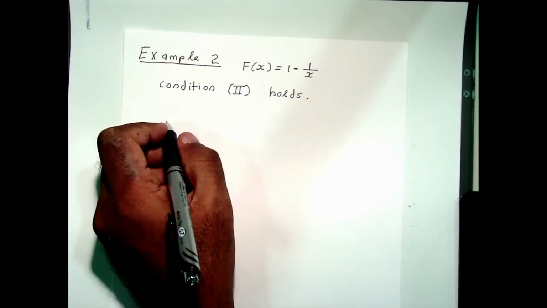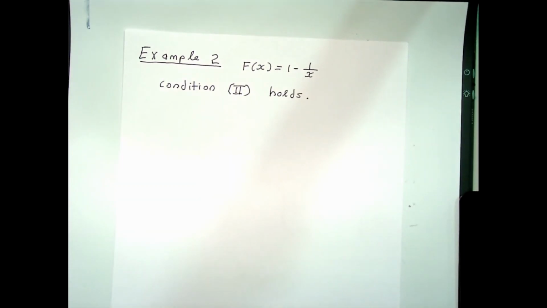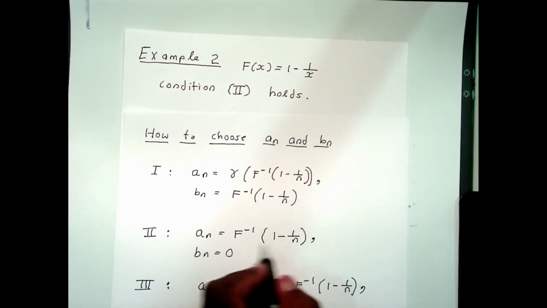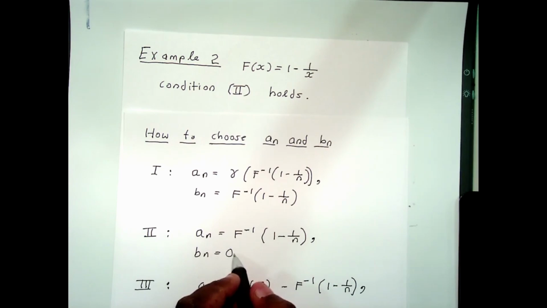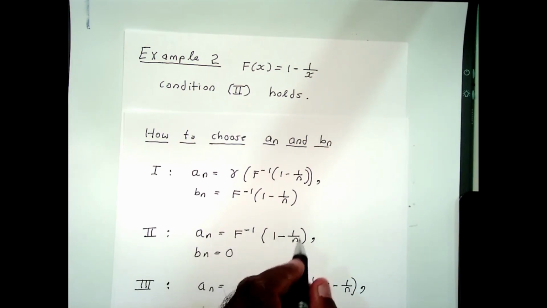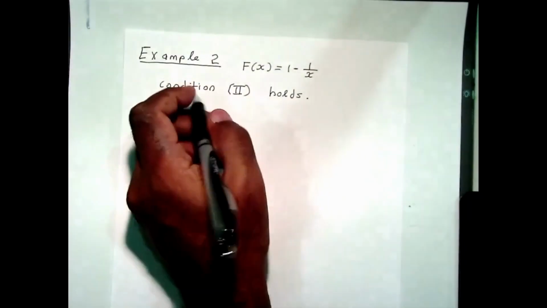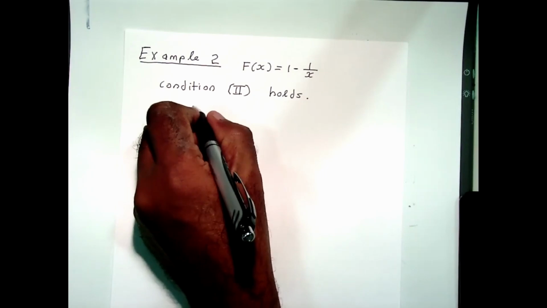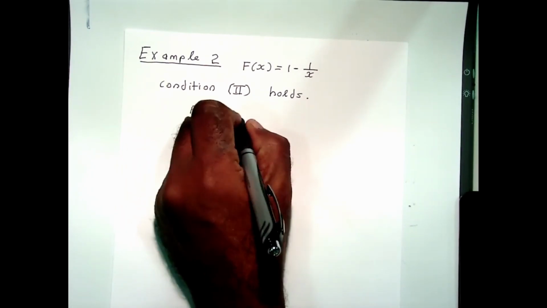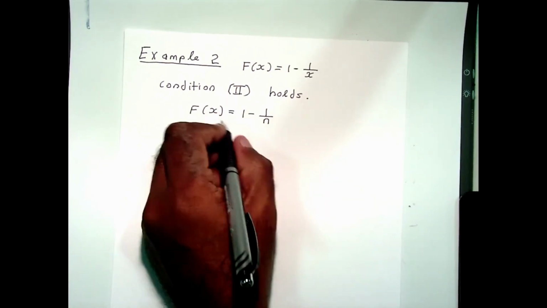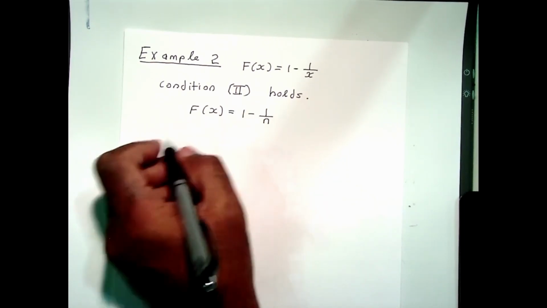Right. So to find an and bn, an is given by this formula and bn is 0. So we need to find only the inverse function of f at 1 minus 1 divided by n. So to do that, you just set f of x equal to this and solve for x in terms of n.